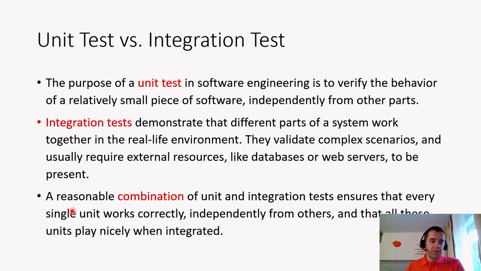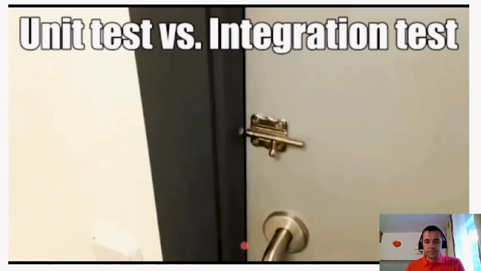So I would suggest having a reasonable combination of unit and integration tests to ensure that every single unit works correctly, independent from other parts, and that they work fine and play nicely when integrated.